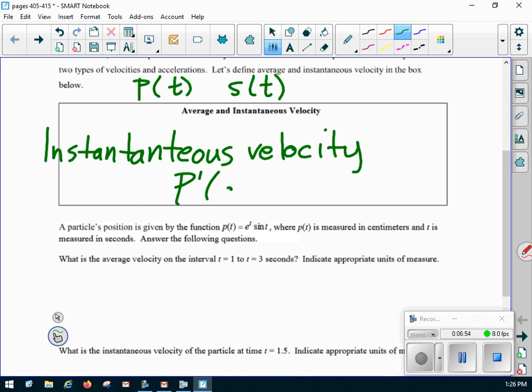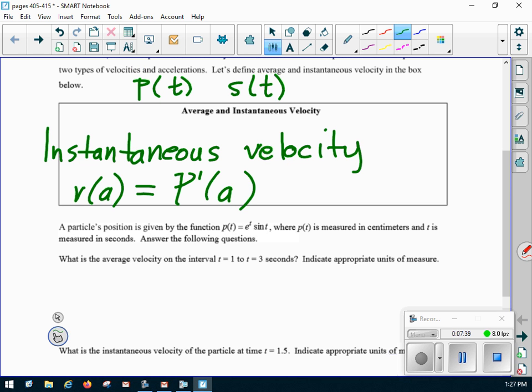P prime of A. Instantaneous. The velocity at any time A is P prime.